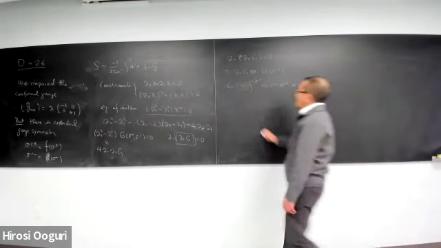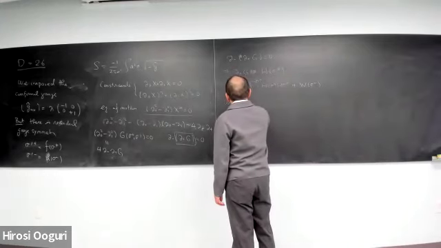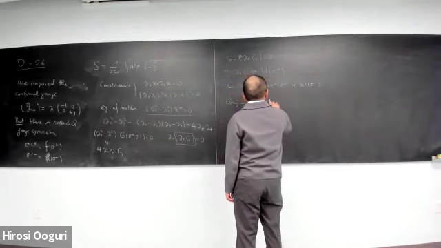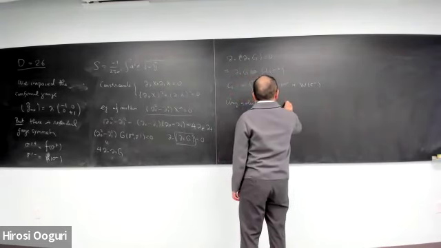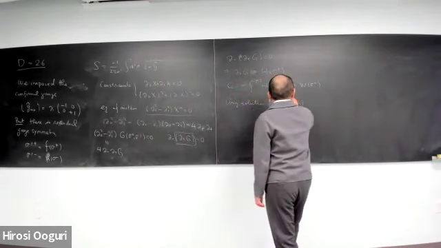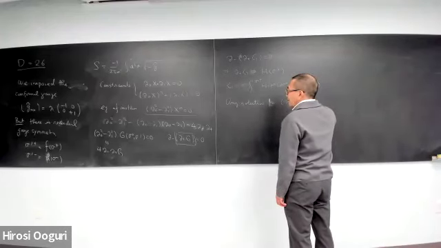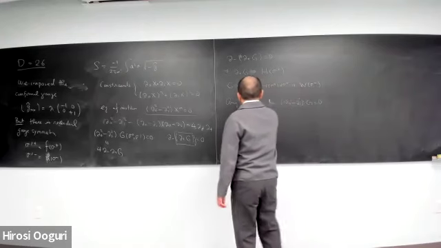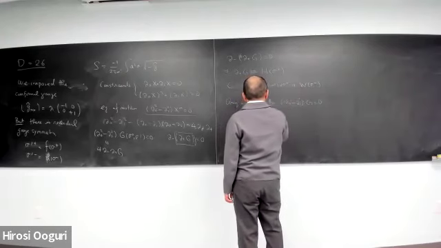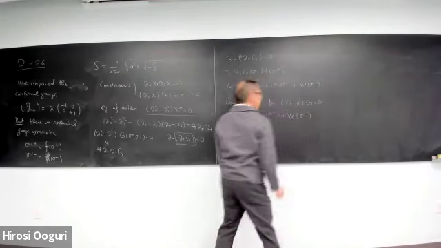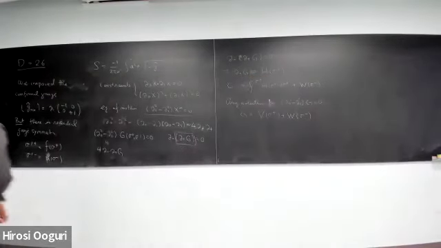So that means that any solution to the Klein-Gordon equation in 2 dimensions can be written as some function of sigma minus plus some function of sigma plus.